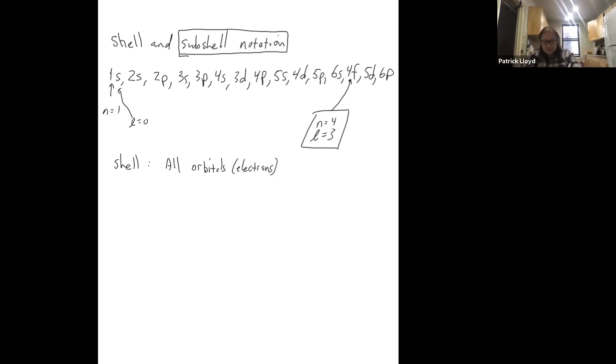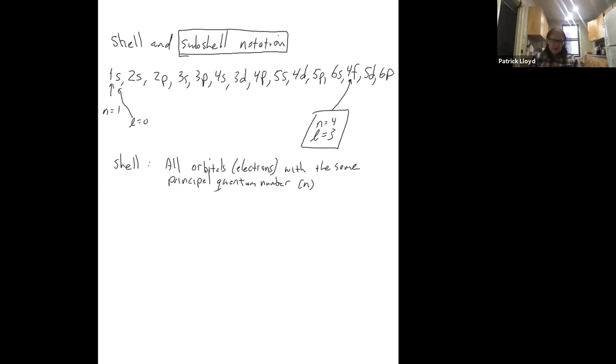All orbitals with the same principal quantum number, which is the same value of n. All the orbitals, all the electrons that have the same value of n are in the same shell. So you can think of that as a layer around an onion, okay?